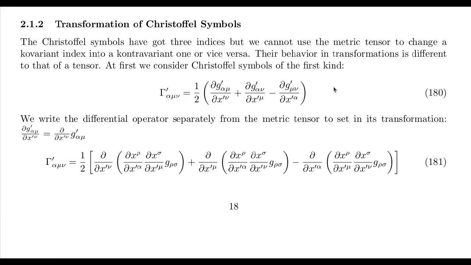Now we want to know how we have to transform the Christoffel symbols from one coordinate system into another one. And here the Christoffel symbols have 3 indices, but we have seen that the Christoffel symbol is no tensor, and so we must be careful with the indices.